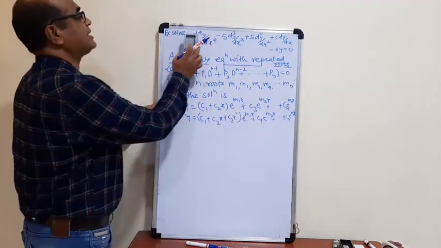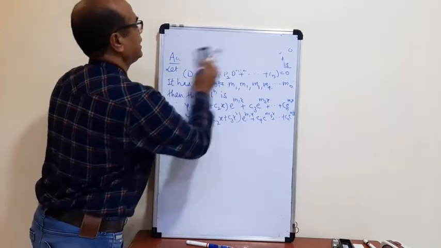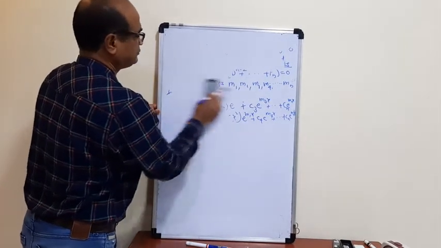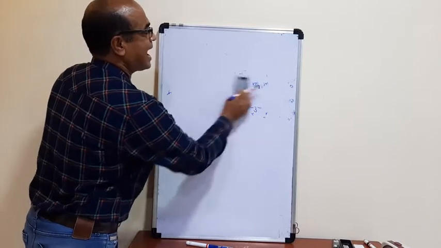Okay. So what is an example of this type that we are solving here? A very simple example where the roots are repeated.